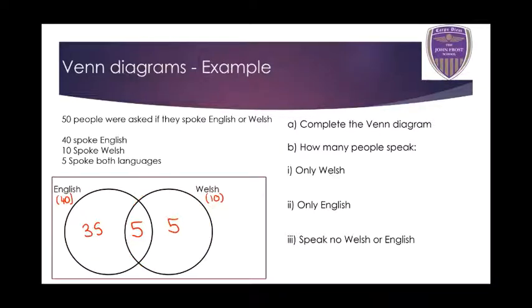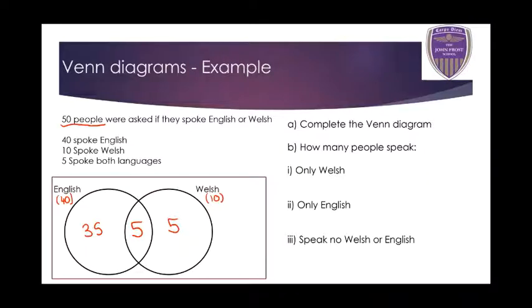Now, before we answer the questions, because the third question says who speaks no Welsh or English. When you're doing these Venn diagrams, because we know there's 50 people in total, assuming you've done everything right thus far, all the numbers inside this diagram, this whole rectangle, should add up to 50. So 35 plus 5 plus 5, that equals 45. Well, hang on a minute, that means we're 5 short.